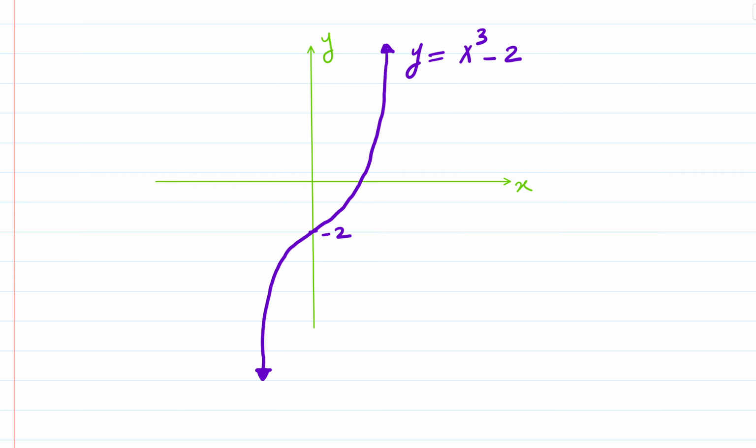Also, it is not symmetric with respect to the origin. Why? Because I have this point, and if it was symmetric with respect to the origin, my expectation is to see the same point here in the second quadrant, but there isn't. So this graph belongs to a function which is not even and it's not odd.